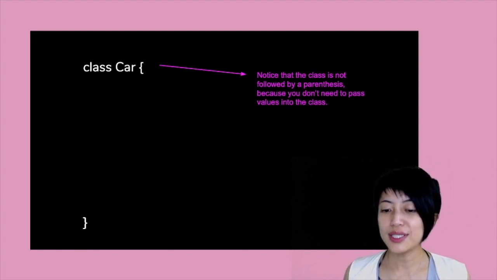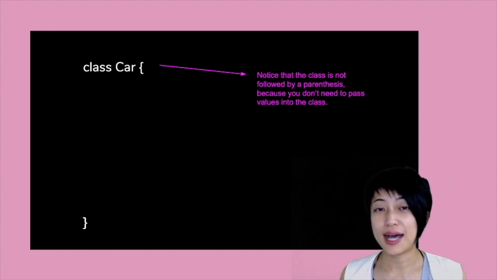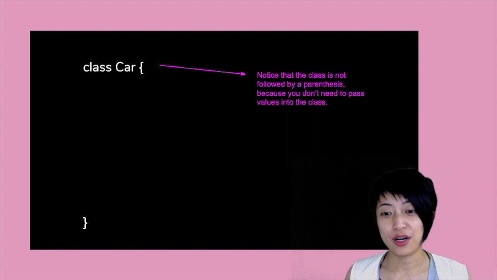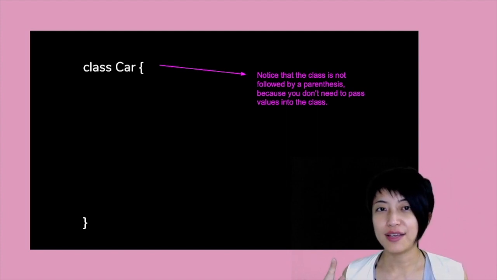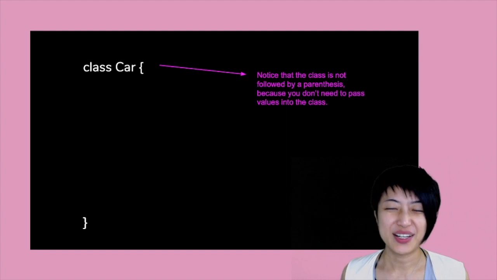So notice here that when you write the class Car, or class anything you name it, inside of your program, you do not add a parenthesis after the car, right? So unlike function, we actually don't have to pass any values into the class.